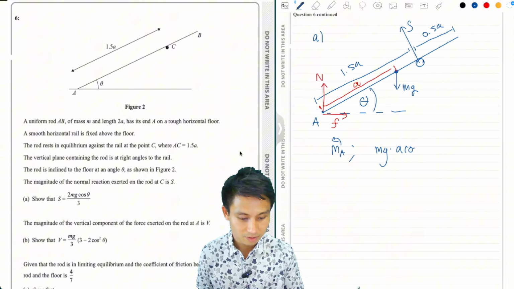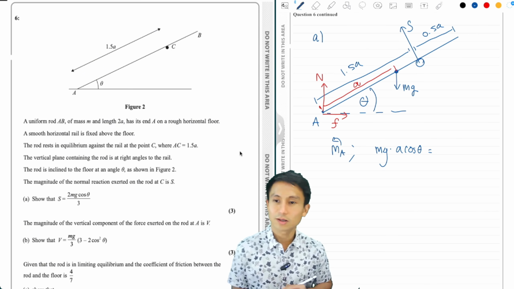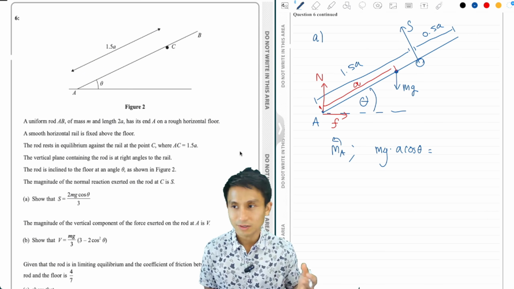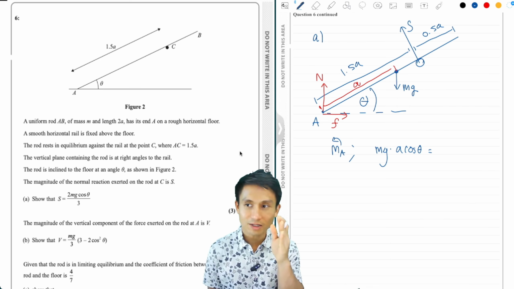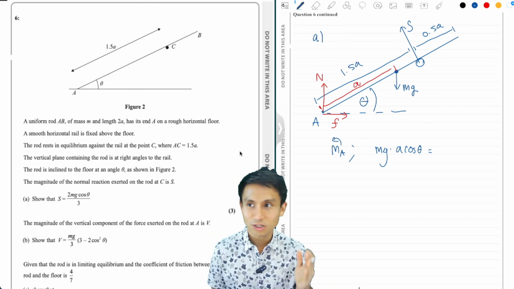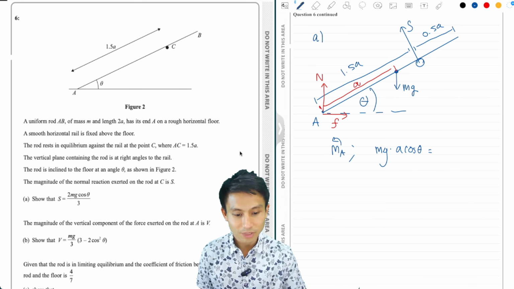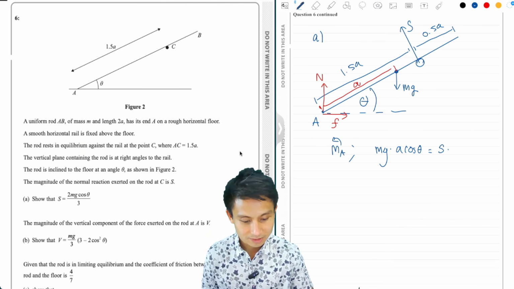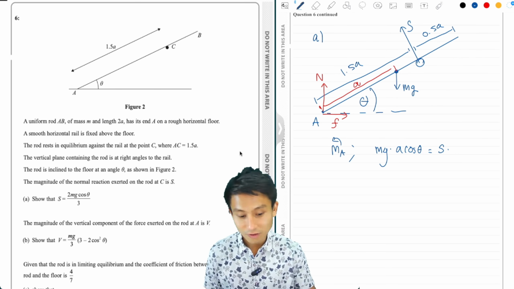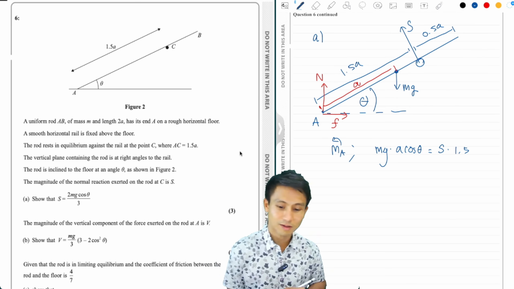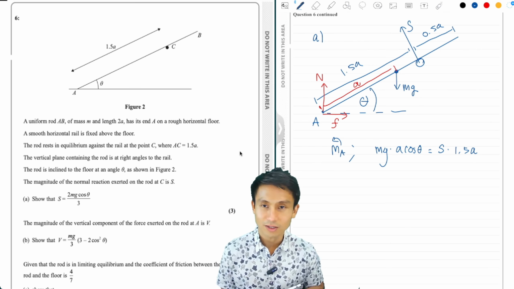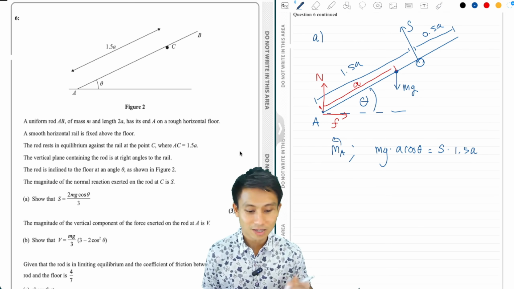So it's mg times a cos theta equals, and the other moment. mg a cos theta here is the clockwise moment. The anti-clockwise moment is from S, right? So we do S times 1.5a. I forgot a. So that's the anti-clockwise moment.